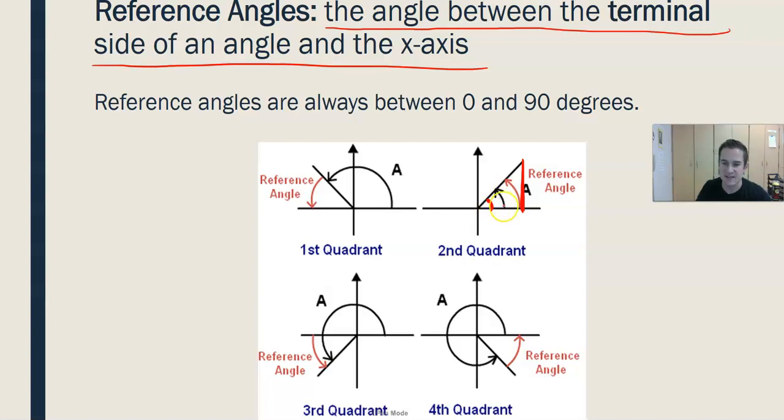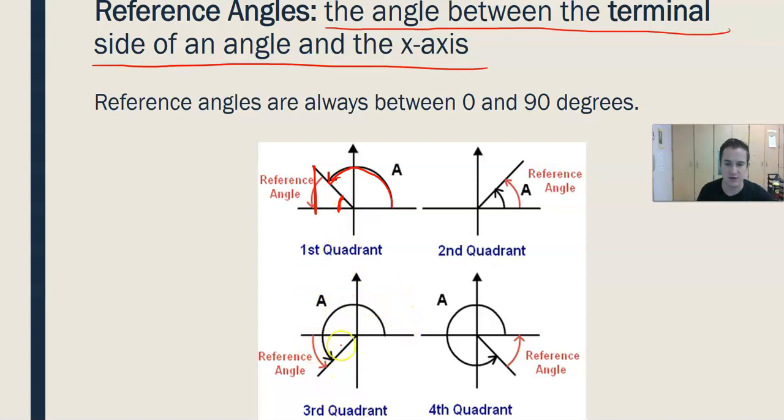In this case, it's the same as the angle from this terminal side over here. If I were to draw a line straight down from this side to the x-axis, this angle right here, this little red arrow, would be my reference angle, or the angle from this terminal side directly down to the x-axis.